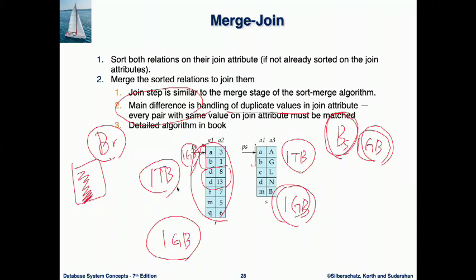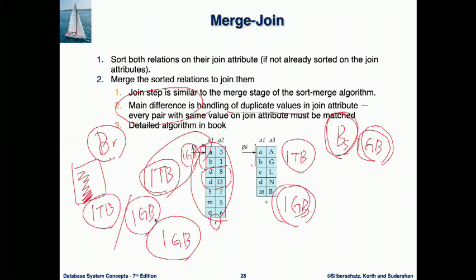So how many disk seeks do you need for relation R? That is 1 terabyte of data divided by 1 gigabyte, the buffer size, which gives you 1,000.